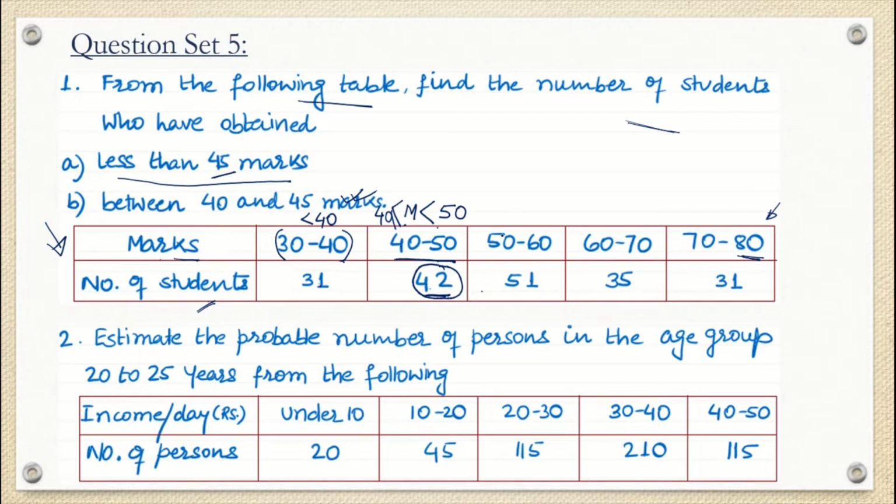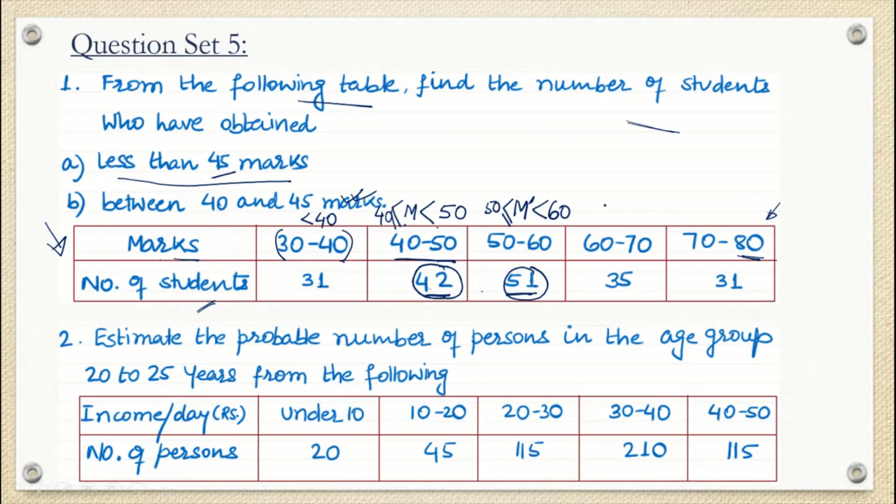That means these 42 students have scored marks either 40, 41, 42 up to 49. The same way, in this third column, a total of 51 students have scored marks less than 60, that is sure. But these marks, say M dash, are greater than or equal to 50, because 50 is not included in the previous column. So 51 students have scored marks either 50, 51, 52 up to 59, and so on.